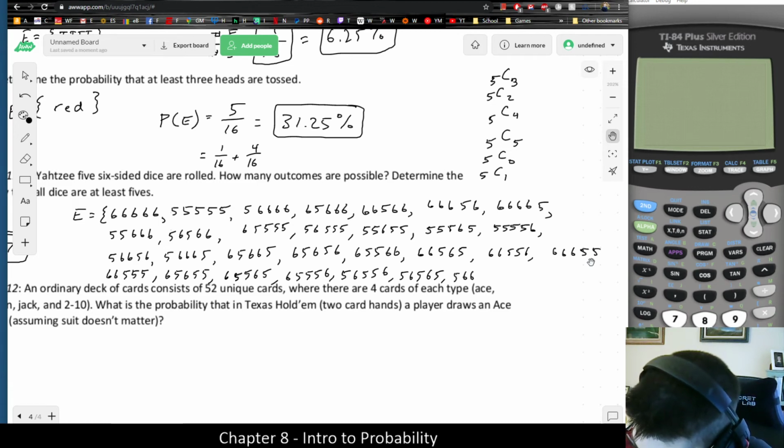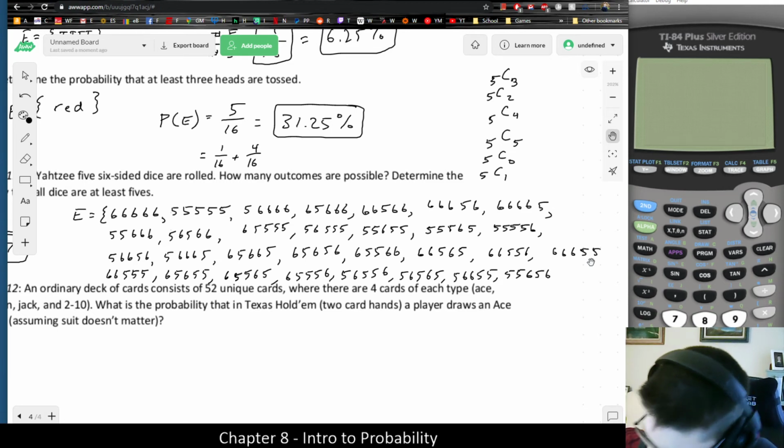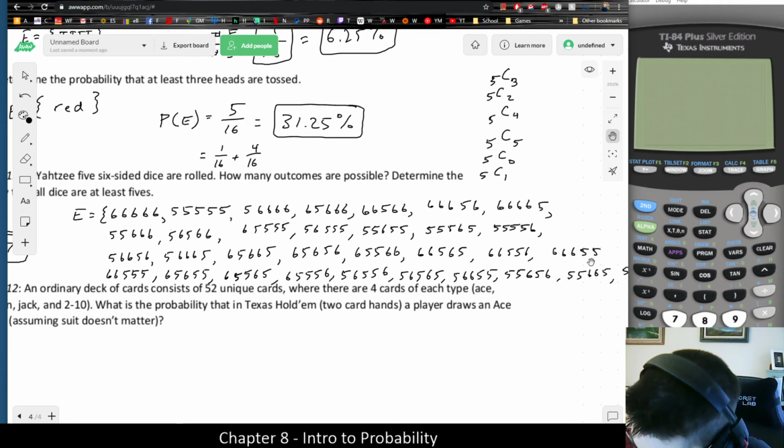5, 6, 6, 5, 5, 5, 5, 6, 5, 6, and two more, 5, 5, 6, 6, 5, and 5, 5, 5, 6, 6.